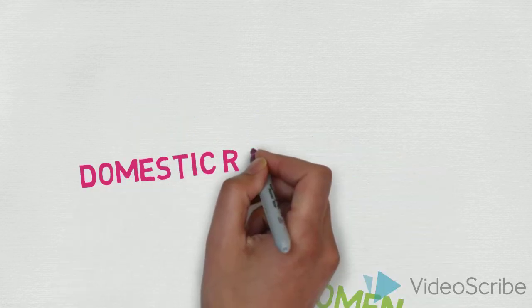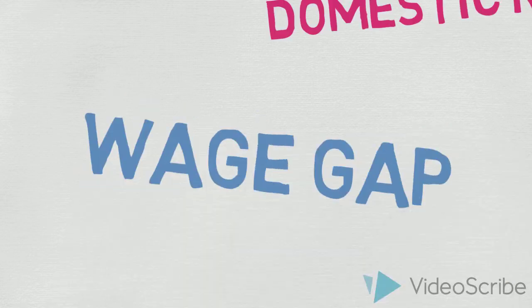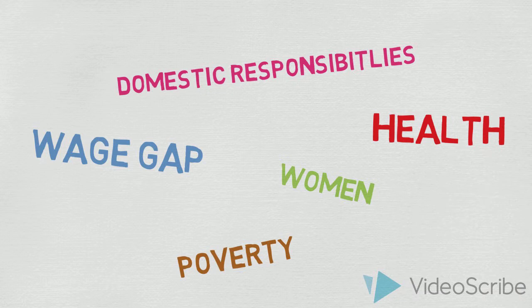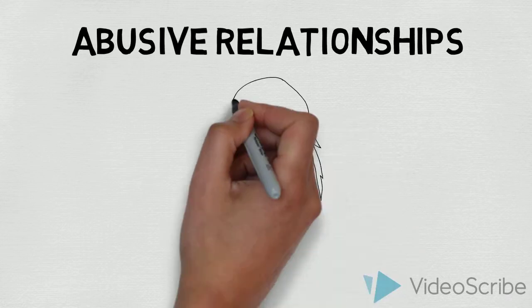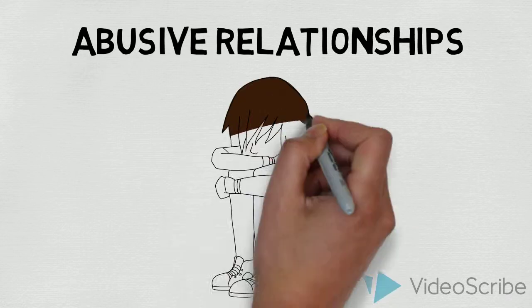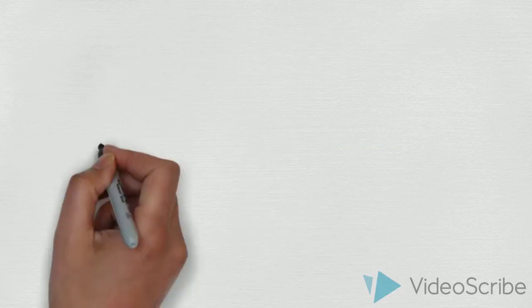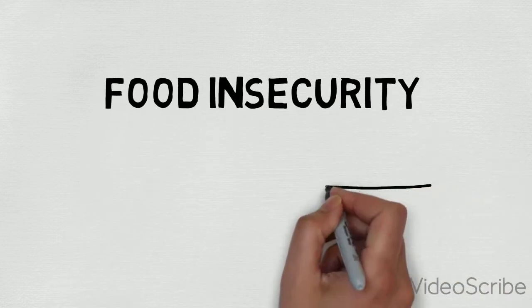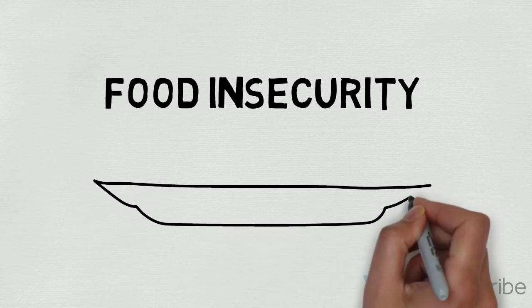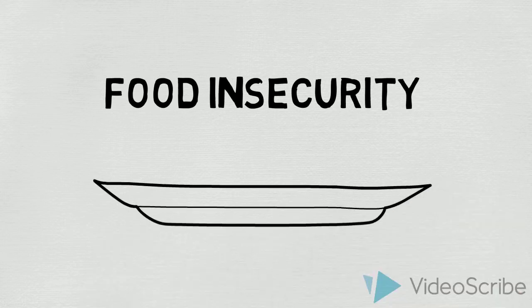So, what is the link between women, domestic responsibilities, the wage gap, poverty, and health? Well, first, some women may choose to stay in abusive relationships despite the danger because of their fear of falling into poverty. Secondly, when living with a low income, it can result in food insecurity, meaning you won't be able to feed your body the nutritious foods it needs to be healthy.